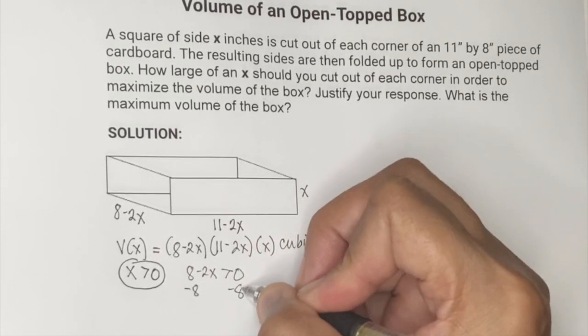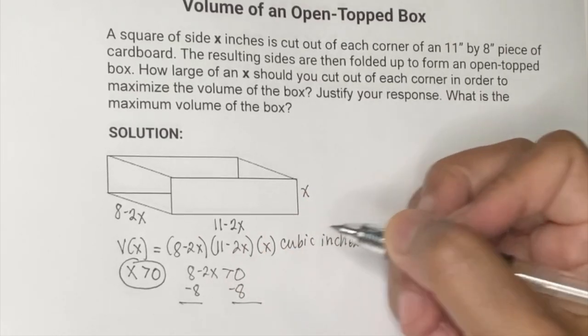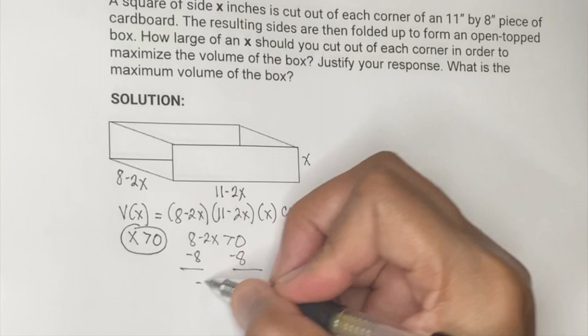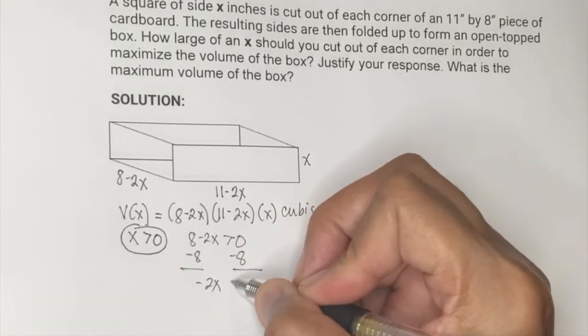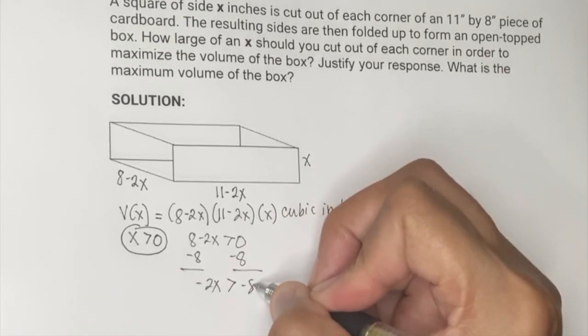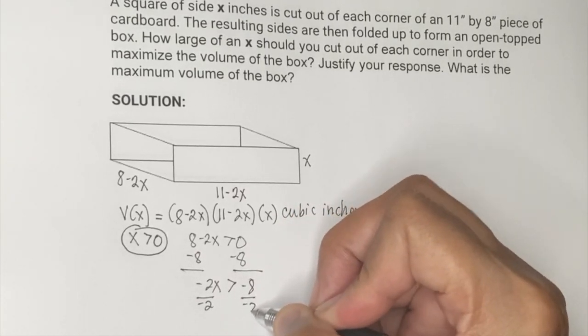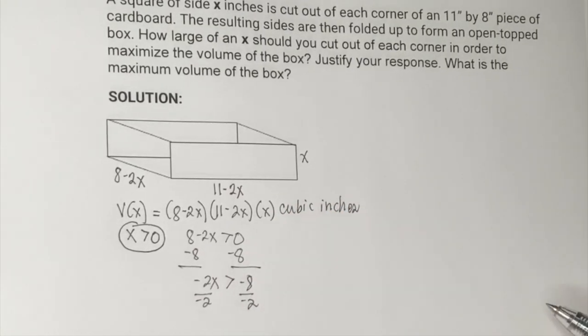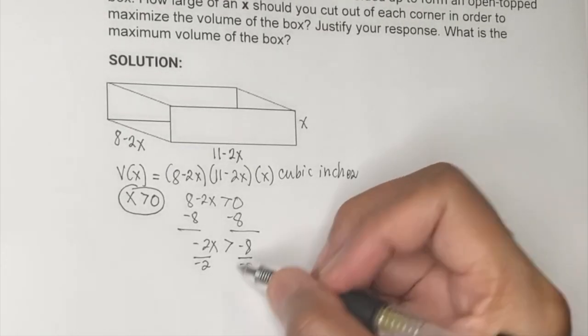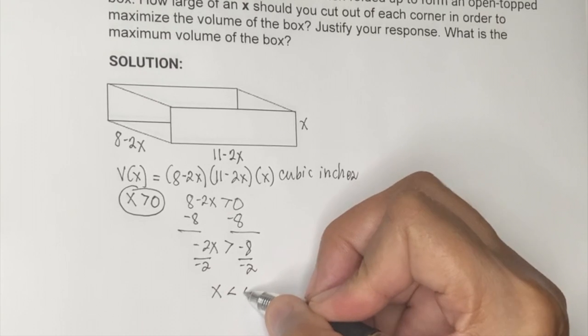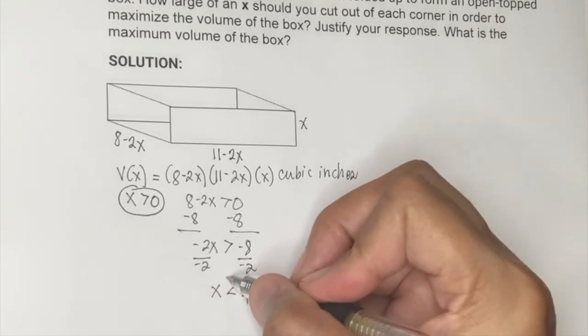That should give us negative 2x greater than negative 8. Then divide both sides by negative 2. So x, now remember we're dividing by a negative number, so let's switch the sense of inequality. That should give us x is less than 4.